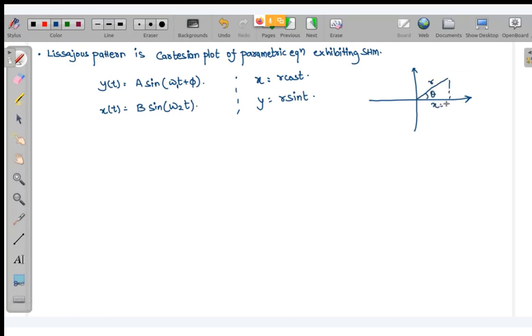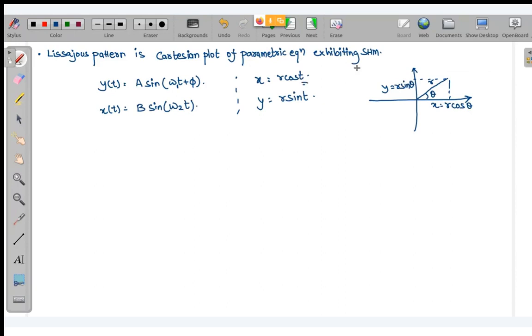So this x is equal to r cos theta, and this one you can write as y is equal to r sin theta. Now time, is it a radian or a degree quantity?